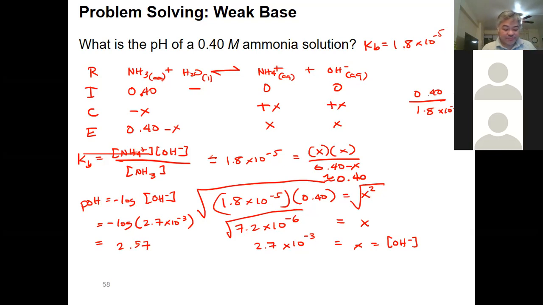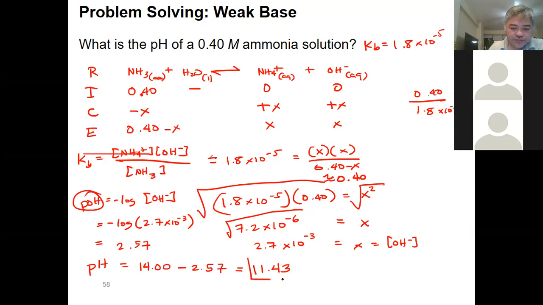Tapos na ba yung problem? Is the problem done? Hindi pa, di ba? Kasi POH yan eh, and hinahanap pH eh. So it's just 14 minus 2.57 giving you 11.43.